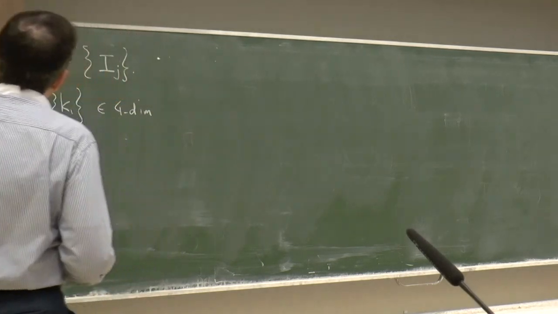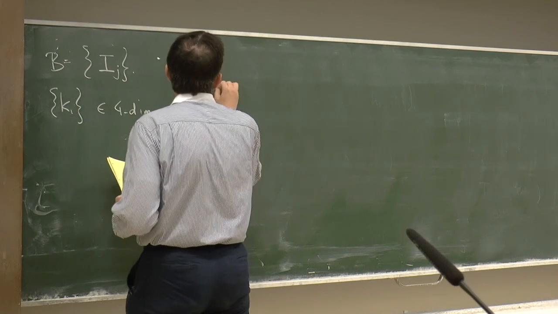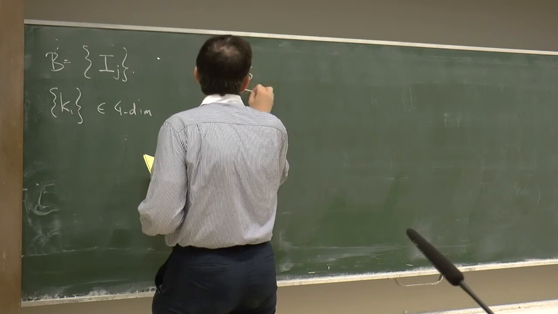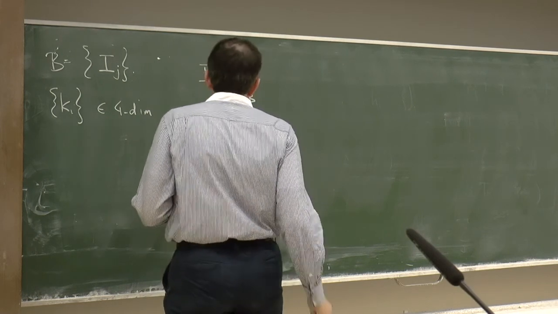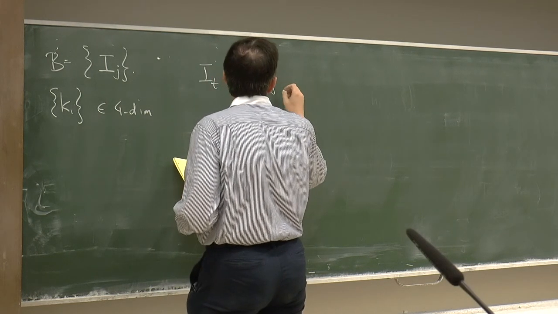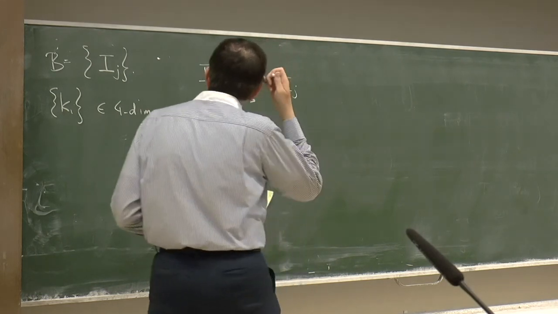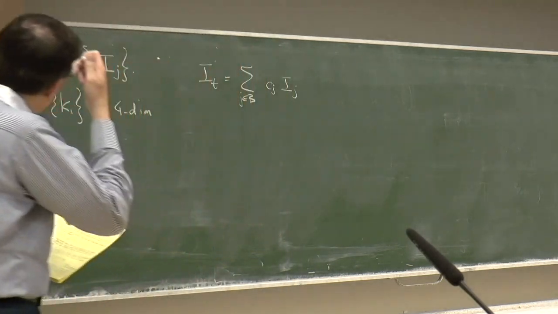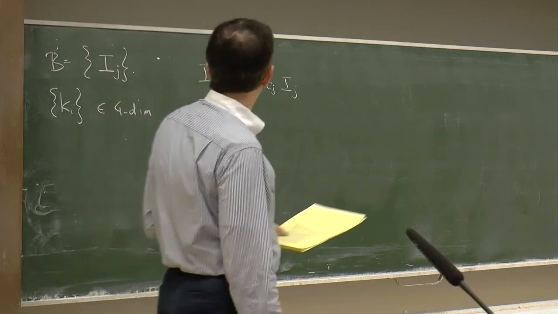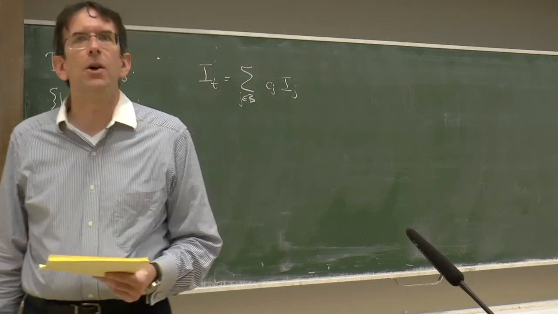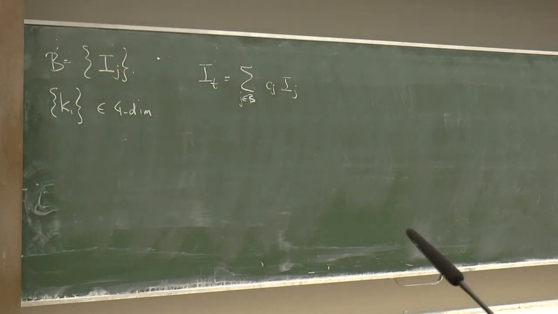And for some purposes, you might actually want to know, if you have some target integral, and we now will show that you can write it in terms of integrals over the basis with some coefficients, you might want to know those coefficients. In general, in higher loop calculations, you will. At one loop, it's probably not that interesting to know the coefficients because at the end of the day, we'll be able to do our calculations without knowing them.